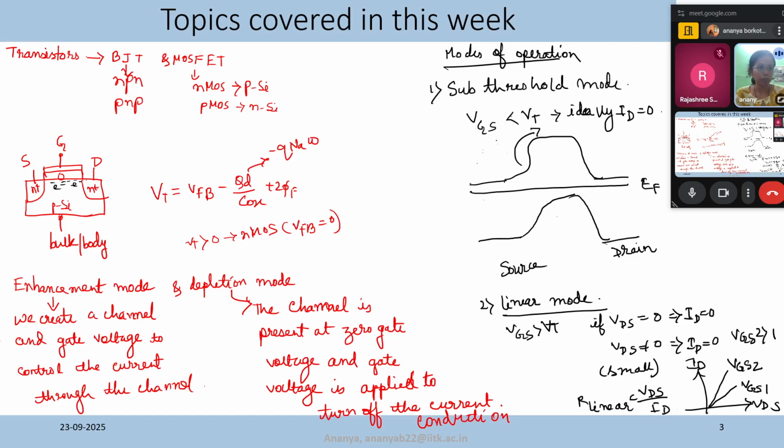This mode of operation is useful when we want to operate our MOSFET as an amplifier. We are not discussing circuits in this course, we are mostly discussing devices, since the course is semiconductor devices. If you have done a course on circuits, then you will know that this linear mode of operation is useful when we want to make an amplifier.